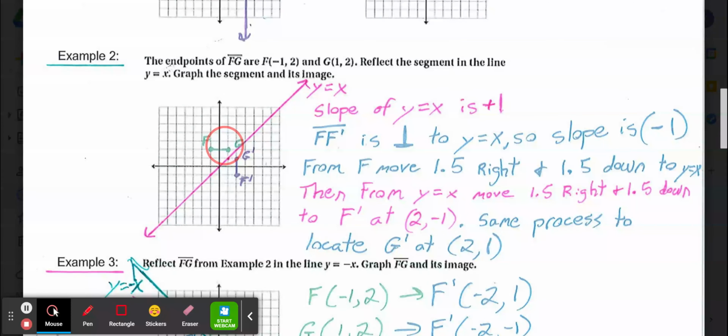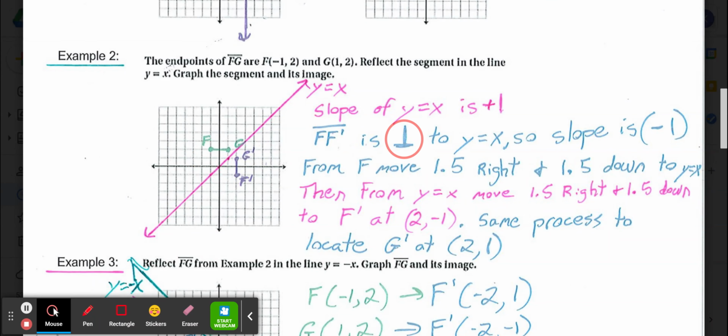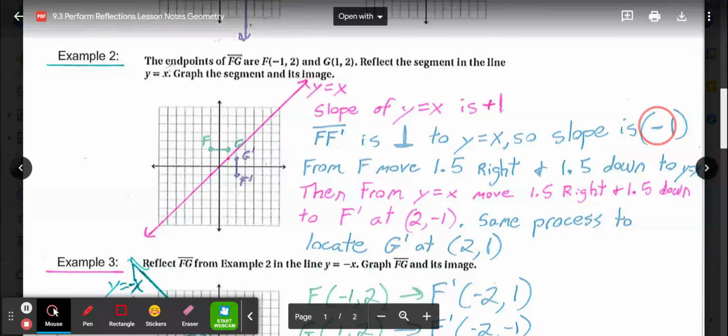So we have our segment FG. We're going to reflect that over our line y equals x. What I know is that if I were to draw a segment from F to F prime, it has to be perpendicular to my line y equals x. So if y equals x has a slope of 1, my line perpendicular to that would have a slope of negative 1.